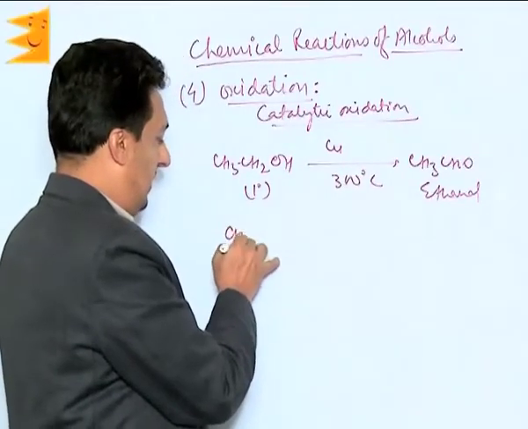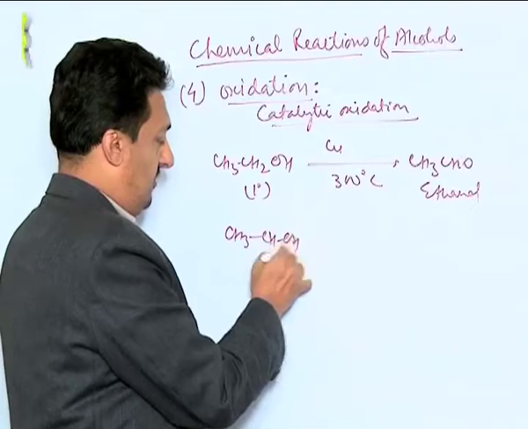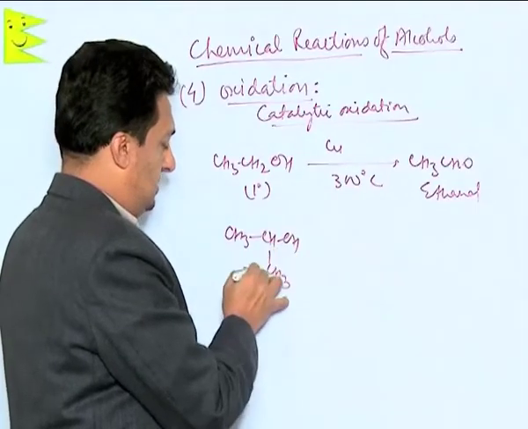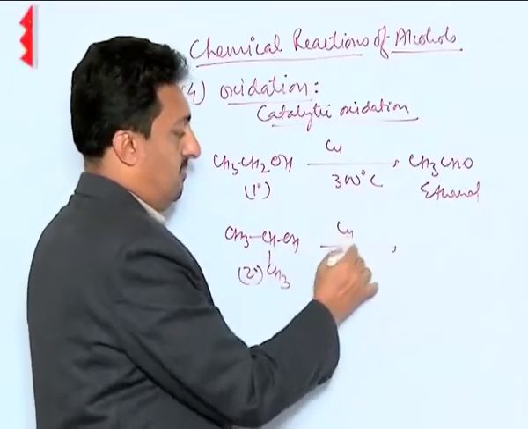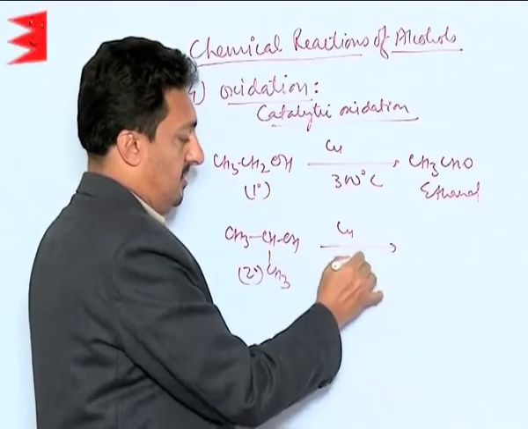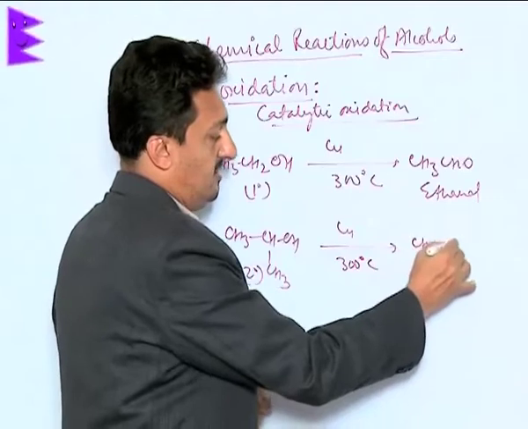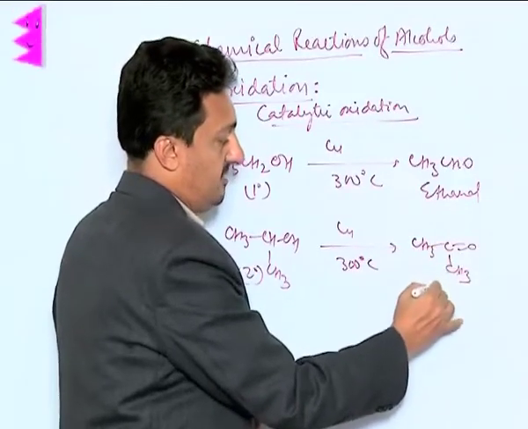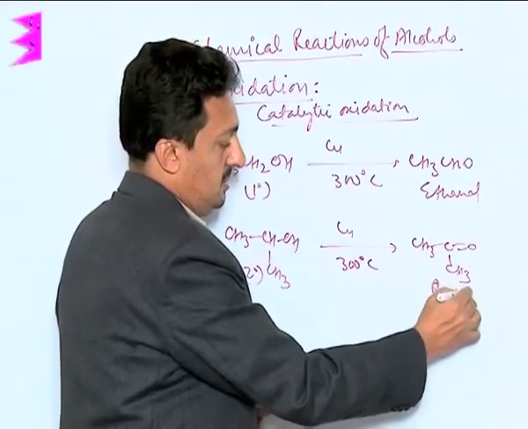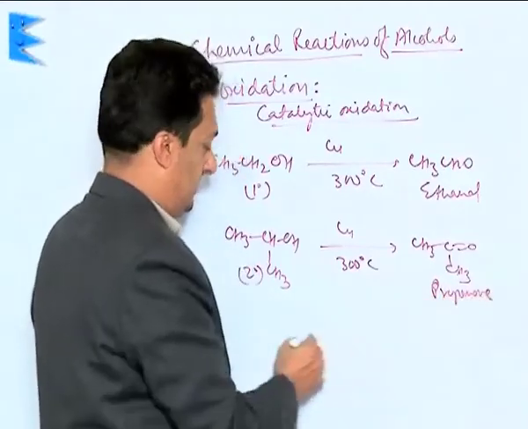In a very similar way, if we have a secondary alcohol, when passed through what? Copper at 300 degrees Celsius, what we get is it gets oxidized to a ketone.